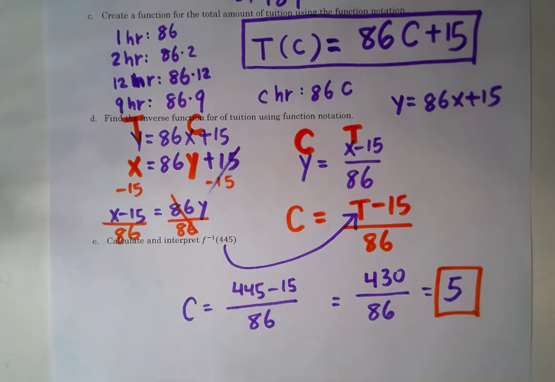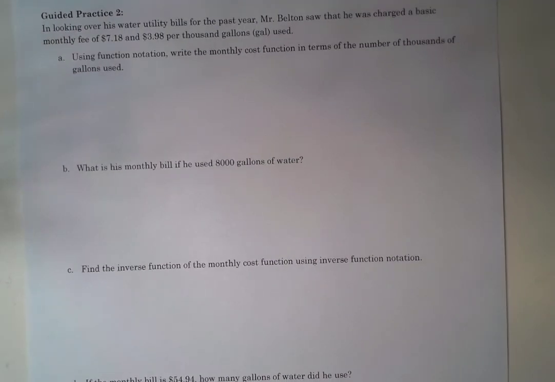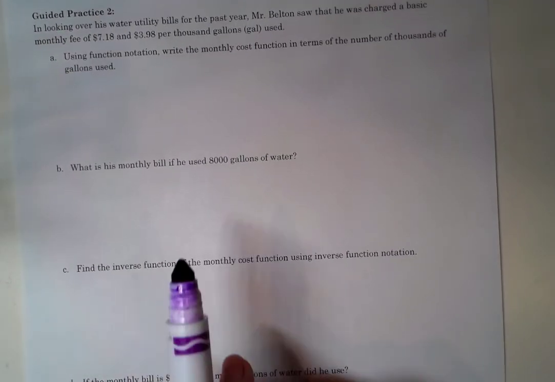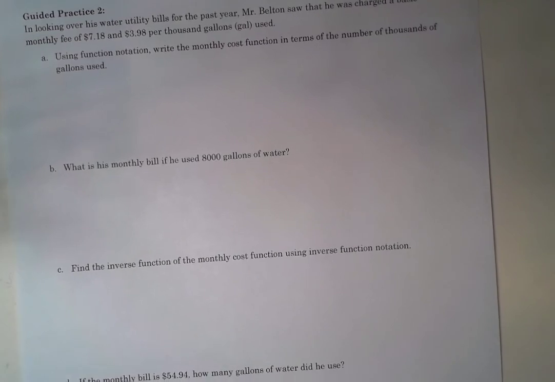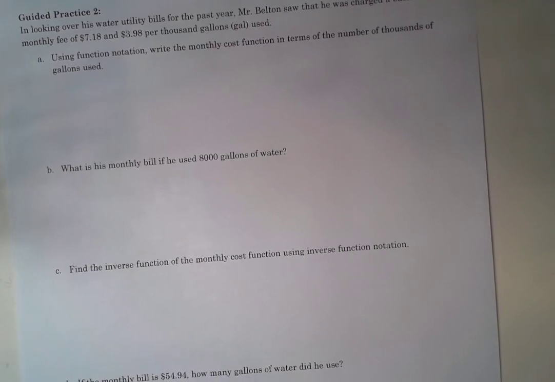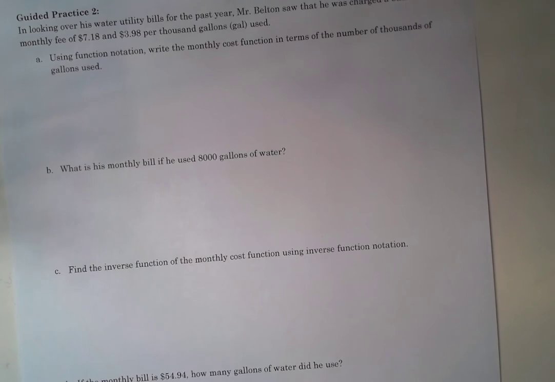Okay? So let's try one more problem together. Guided practice like that. Mr. Belton was charged a basic monthly fee of $7.18 and $3.98 per 1,000 gallons of water.